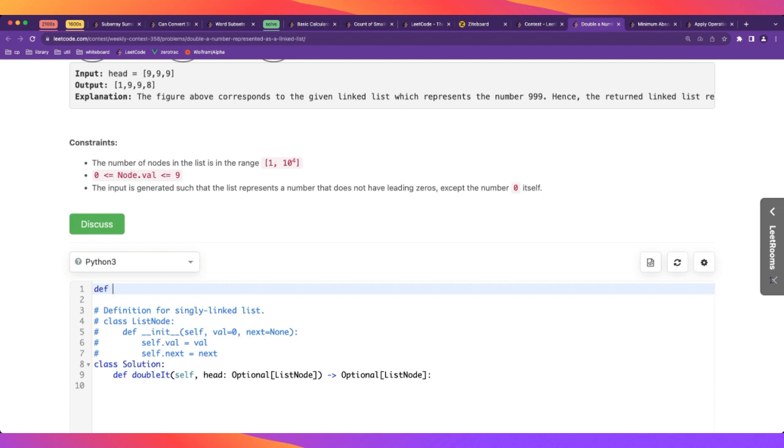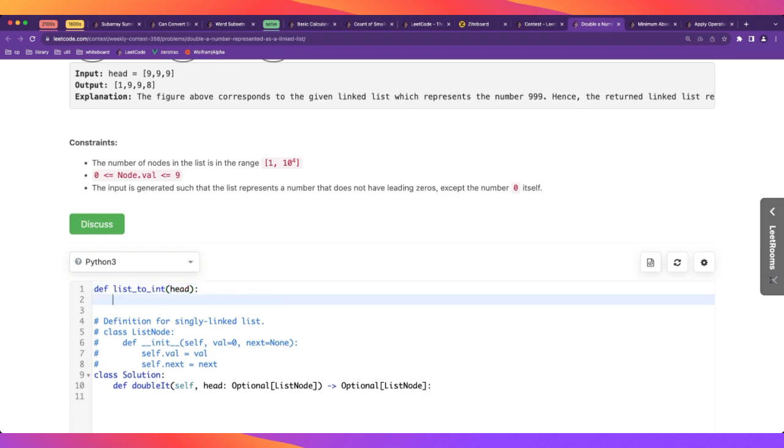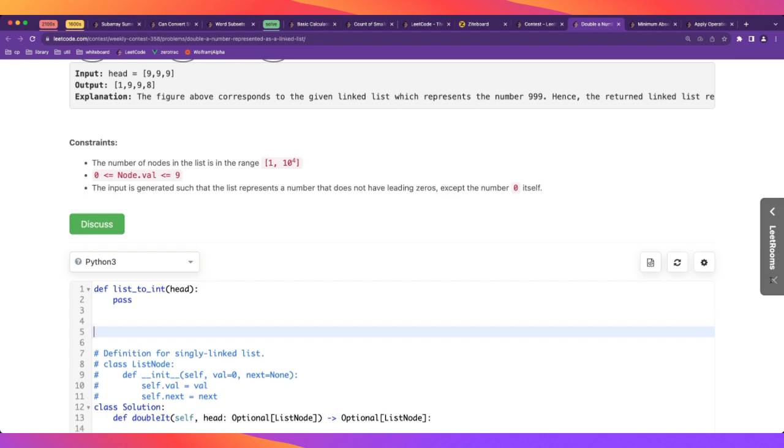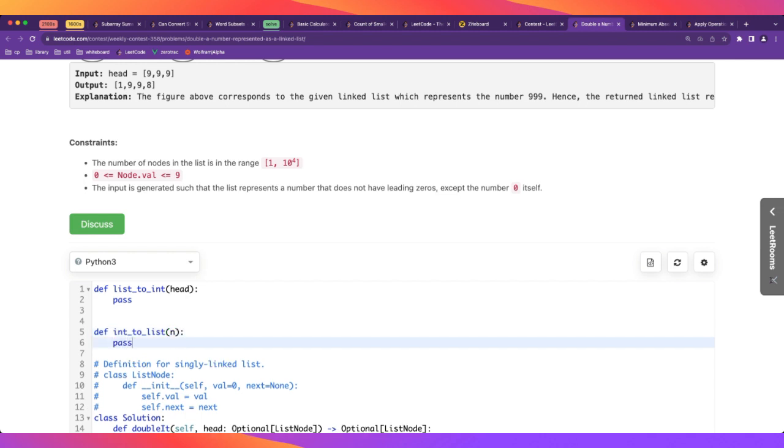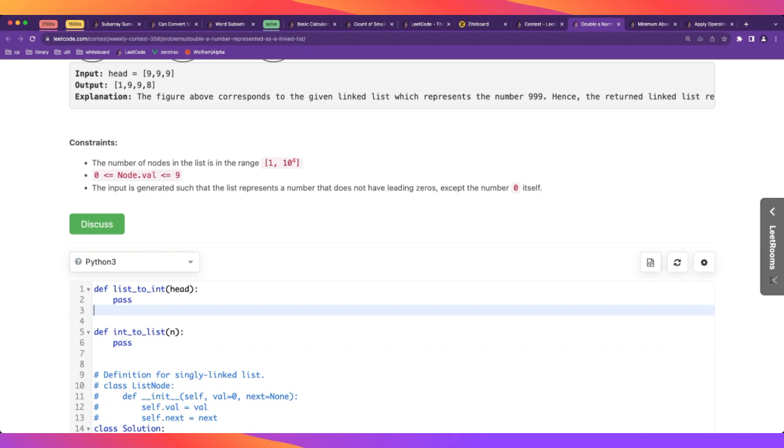So let's say that we have a list to int, and this is usually called head here, and let's imagine that we already have this implemented. Here there's an int. So this is clearly going to be the interface of these functions.